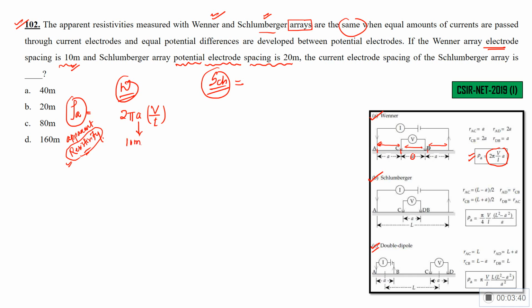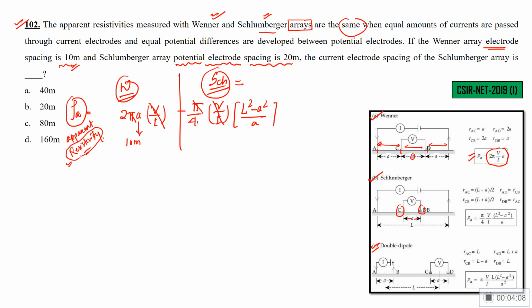In the Schlumberger case, what has been given is the potential electrode spacing; these C and D are potential electrodes. The formula is pi by 4 times V by I times (L square minus a square) by a. Since we get the same apparent resistivity, pi and V by I cancel out.